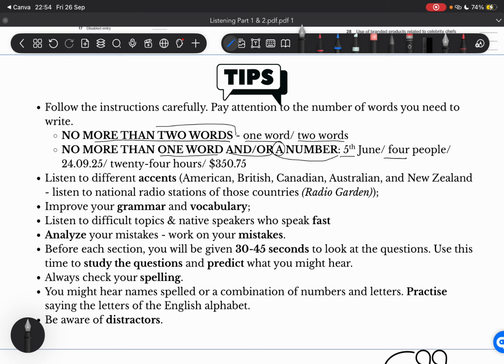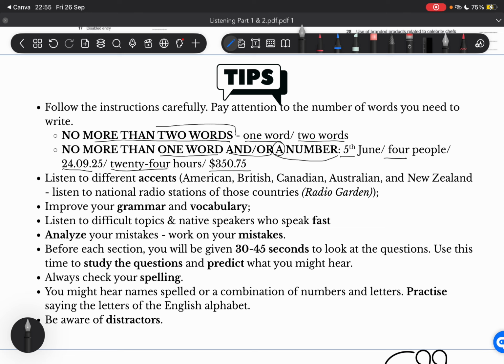Although it's written in words, it is still a number, so it's 1 number and 1 word. It's correct. You can have a date, and 24, it's a compound noun, considered to be 1 number, and the price. Okay, I hope that's clear.